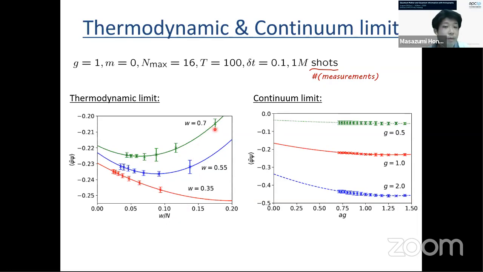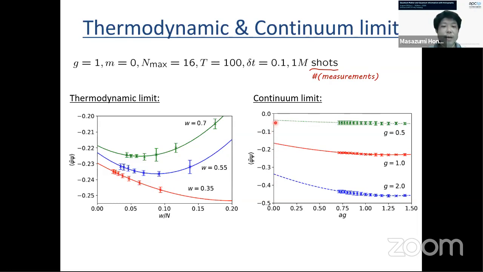And we have some data, but by considering fitting, we have a nice fit at the infinite volume limit. And on the right-hand side, I'm plotting the infinite volume limit as a function of lattice spacing. Then we can do fitting again, and this intercept can be considered as a prediction for the continuum limit of the field theory.